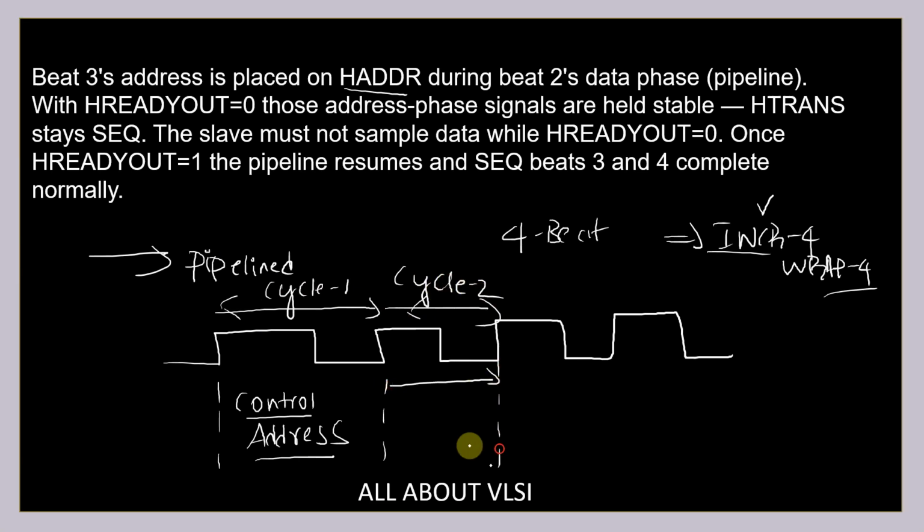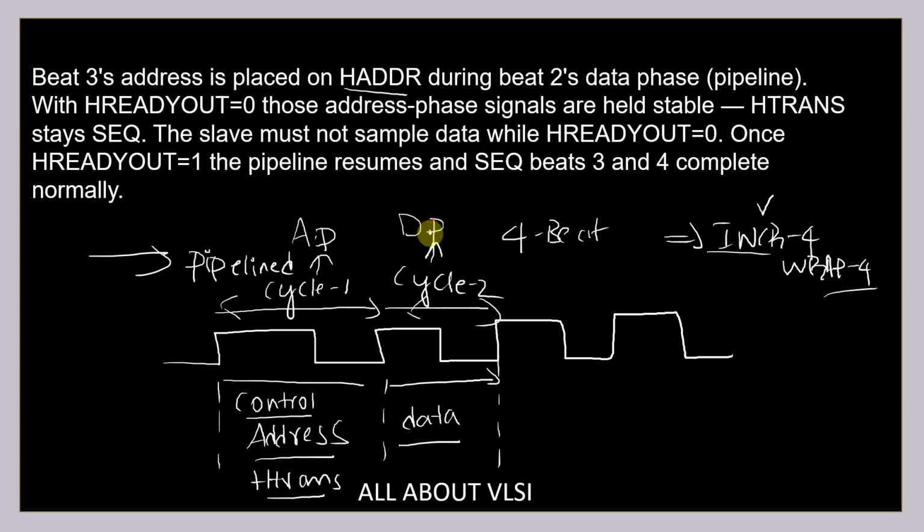In cycle number one only, the HTRANS information was sent, and I'm assuming that HREADY was equal to one. This is the reason cycle number one is known as the address phase and cycle number two is known as the data phase for my beat number one. And cycle number two also acts as the address phase for beat two.